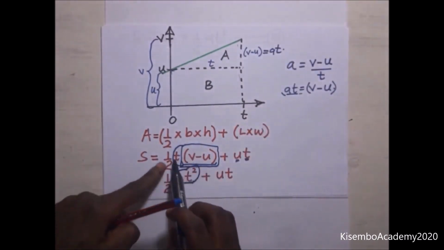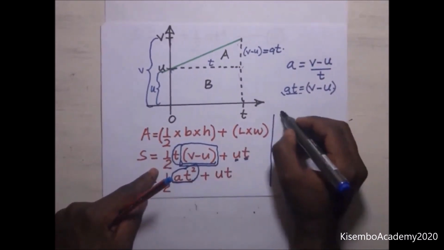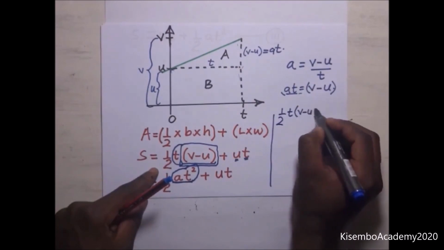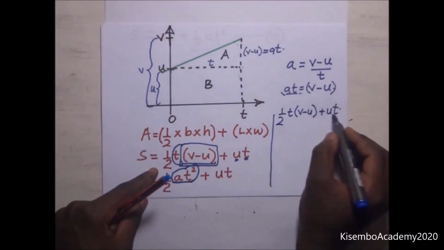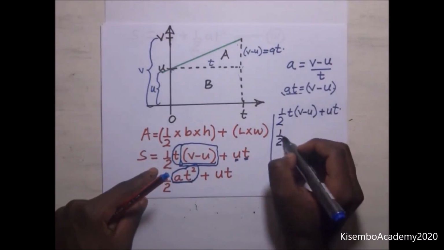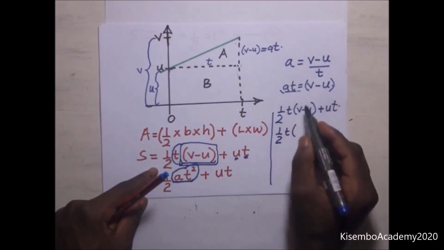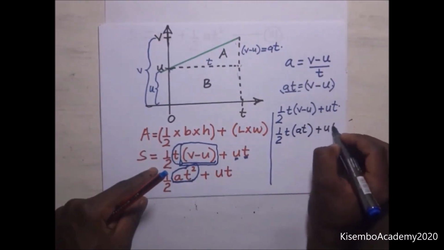Let me rewrite it here. When we come from this step, which is a half t into v minus u plus ut, the next step is a half times t into v minus u. Now v minus u is the same as at, so instead we write at right there, plus ut.